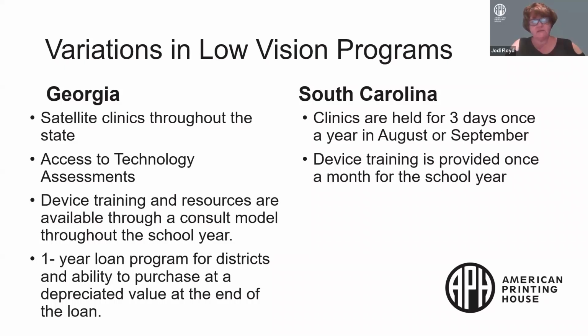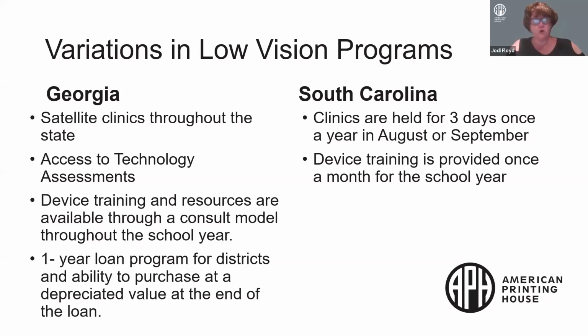So if a student misses clinic for any reason, then they cannot participate in the program for that year. And they are automatically moved to the following school year. And I know it seems a little bit harsh, but if they don't attend that low vision clinic, then we have no way of knowing what devices would work for those students.